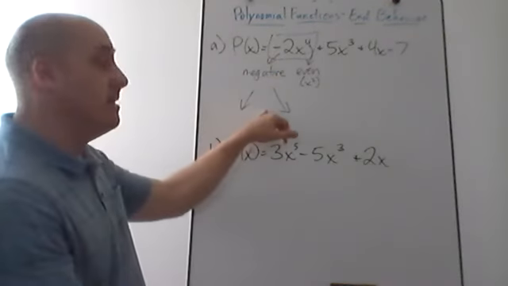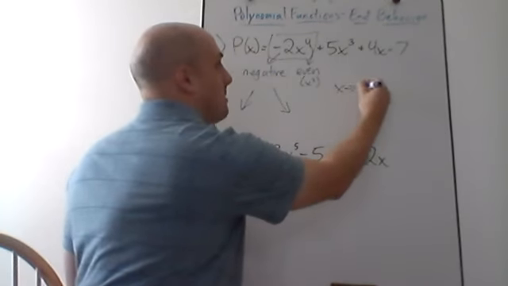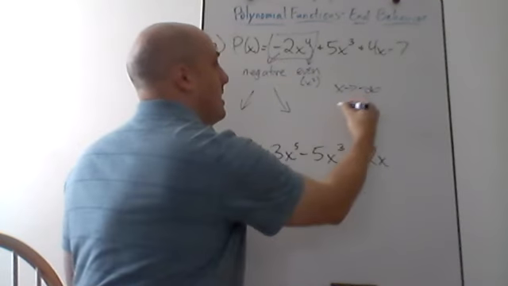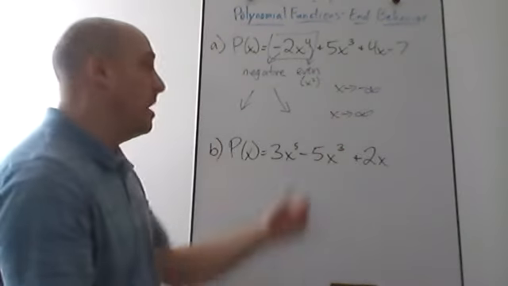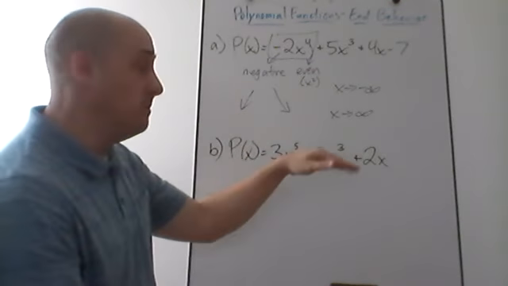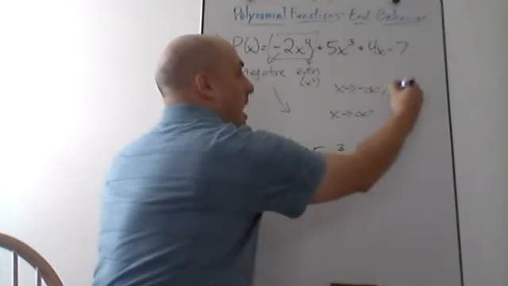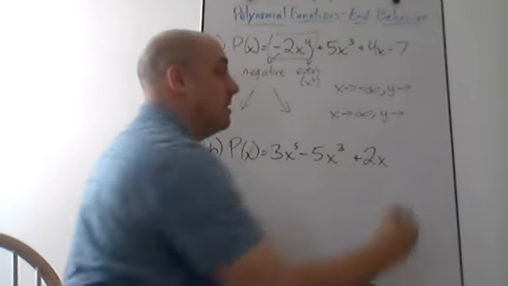All right, so now to write this in the proper notation, I have two parts. I have x approaches negative infinity, and I have x approaches positive infinity. Right? Negative infinity means we're moving to the left. X approaches positive infinity means we move to the right. And then I describe what happens to y as I go to each side, right?